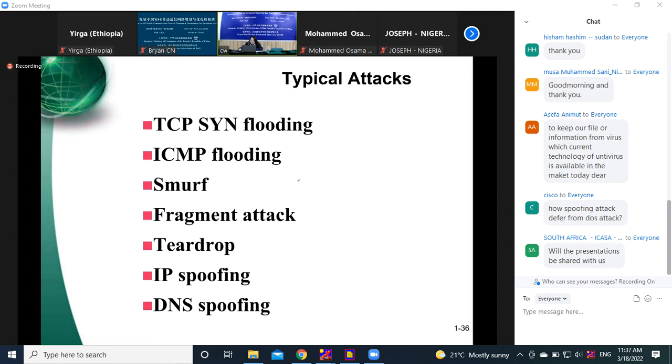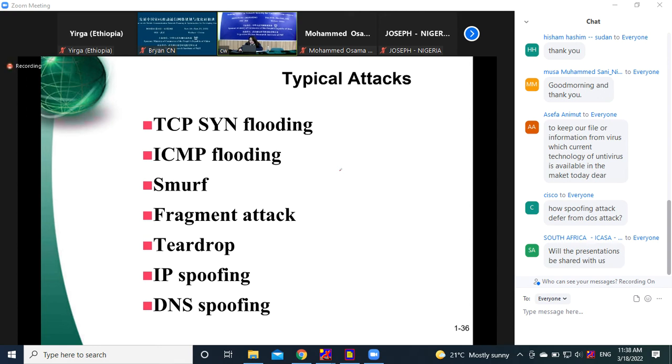For example, TCP SYN flooding. I think somebody knows that in TCP connections we have different byte fields to establish the connection.